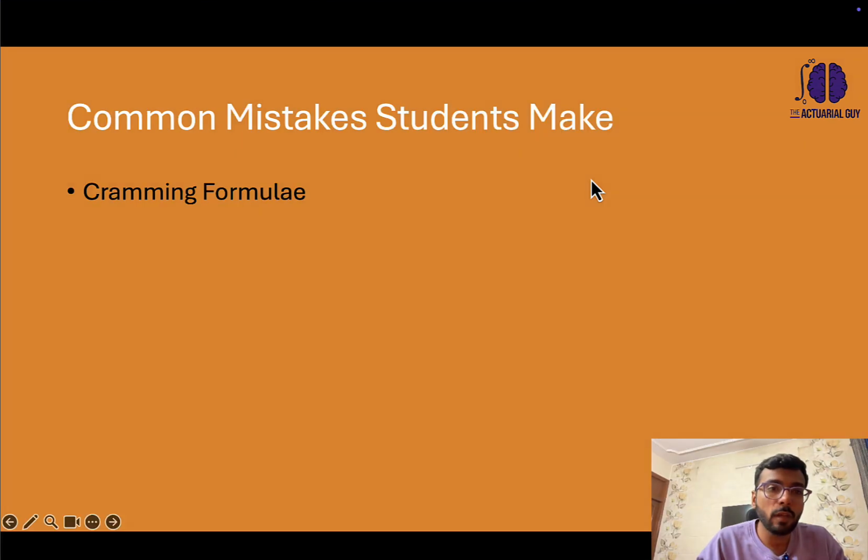Okay. So let's talk about the common mistakes that students make while doing the CS1 preparation. The top one is cramming formulae, and coaching institutes are to be blamed for this because they are only exam focused. So what they do is they make you cram the formulae, they make you solve 10 questions and pass the exam somehow. I don't think that's the right way to study actuarial science. First reason for that is that you would not enjoy the subject. It will become very boring for you.